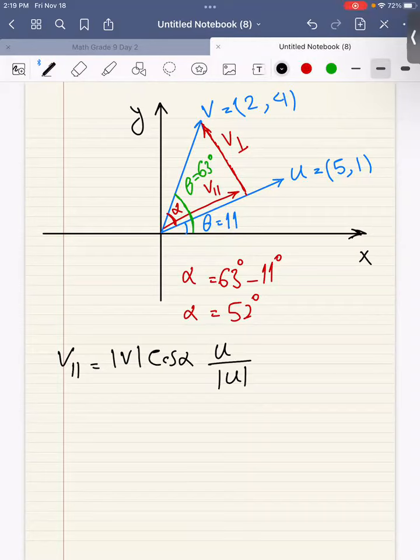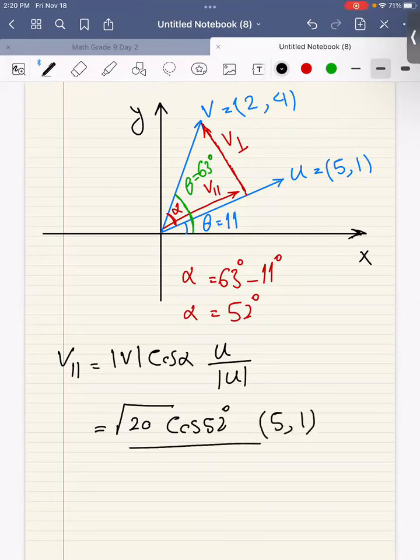So what is the magnitude of V and magnitude of U? Magnitude of V is square root of 20 and then cosine of 52 degrees times U, which is (5, 1), divided by magnitude of U. Magnitude of U is square root of 26, right?